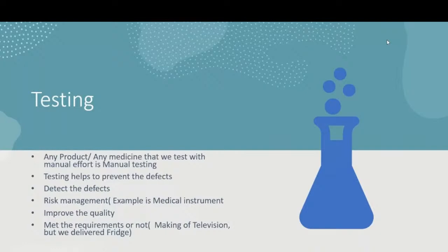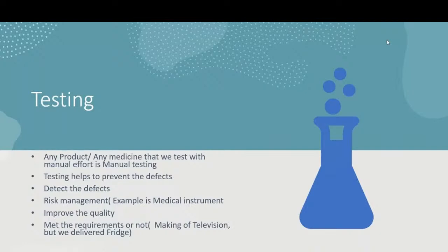When I plugged it in and switched on the switch, it suddenly started throwing some electric sparks. So what was the issue? It is a defect. I did not test that particular defective piece, and I just sent it.